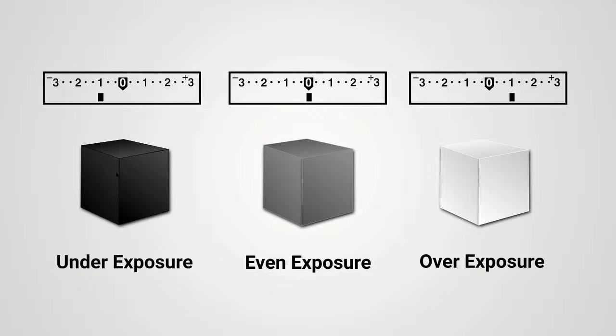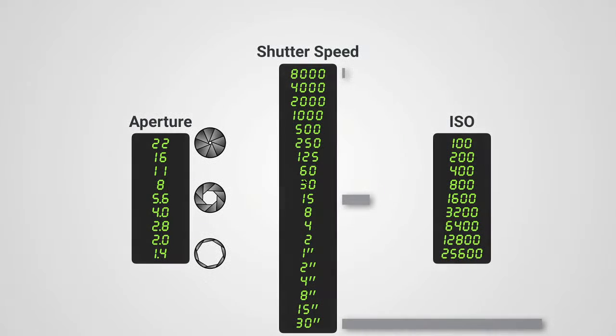So basically, you are manipulating three components: aperture, shutter speed, and ISO. So let's take aperture for example.